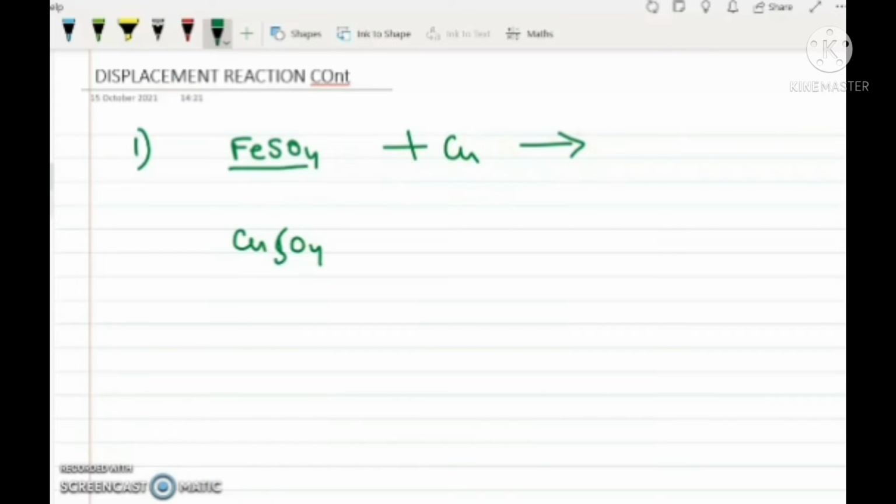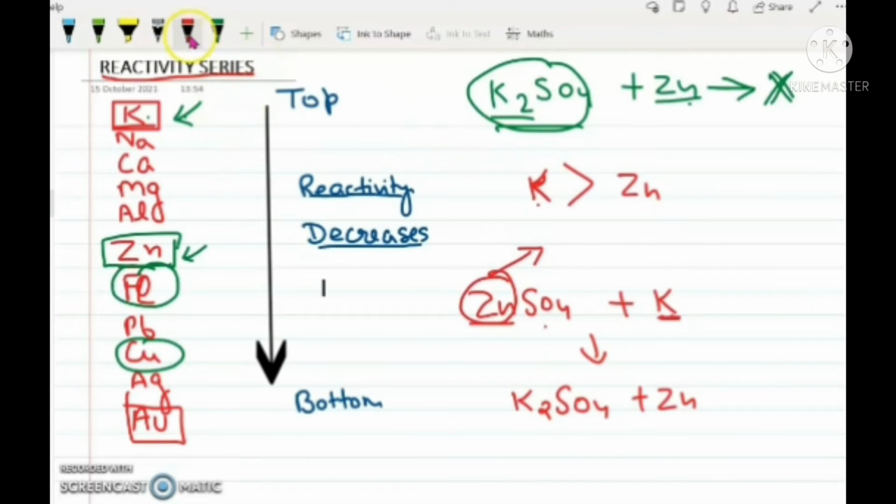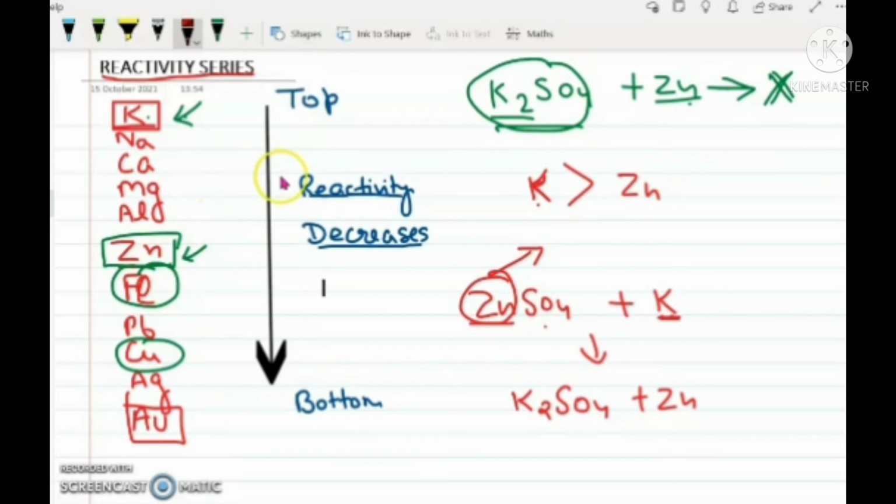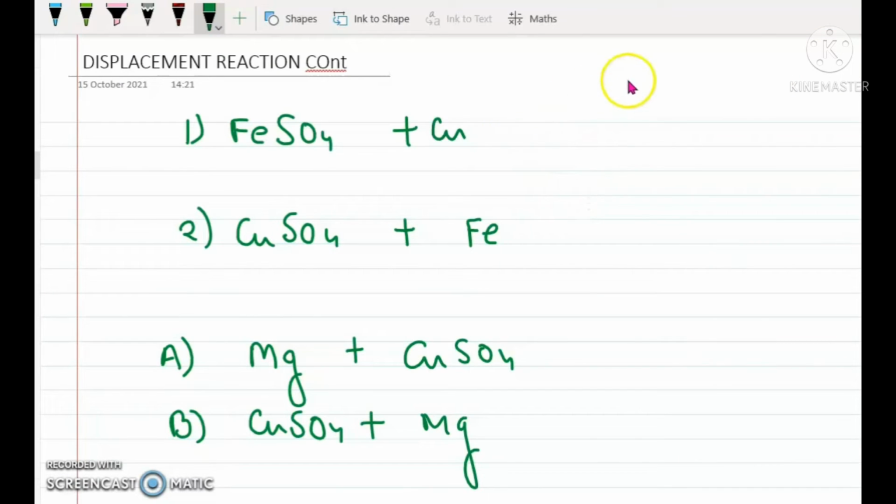For this, I will have to go back to the reactivity series and compare the positions of iron and copper. See, iron is placed over here and copper is much below it. Iron is at the top, that means it's more reactive, and copper is at the bottom, that means it is lesser reactive. So we have understood that Fe is more reactive than copper because its position is higher up in the reactivity series as compared to copper.